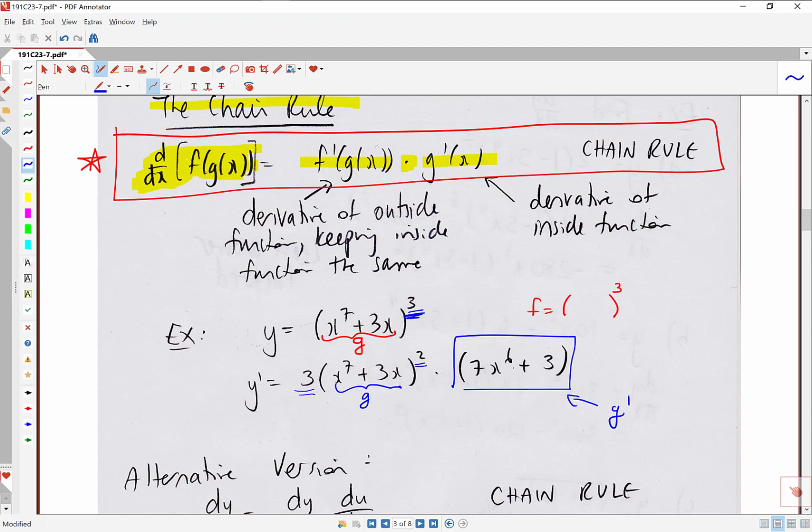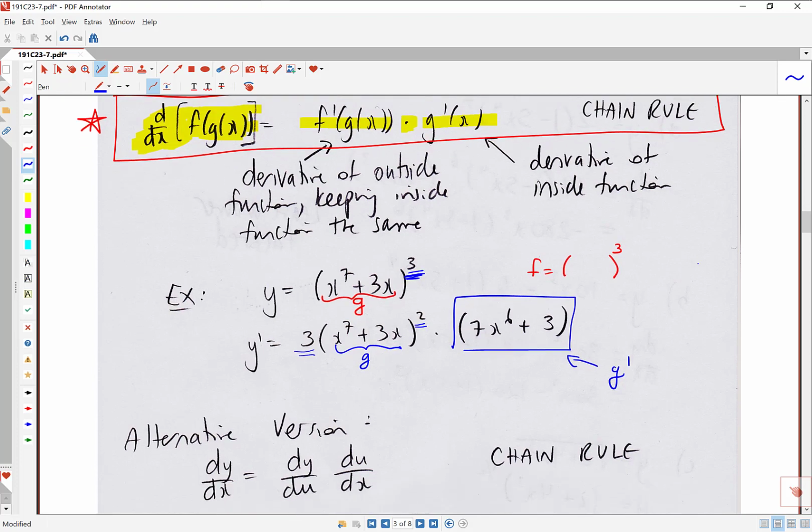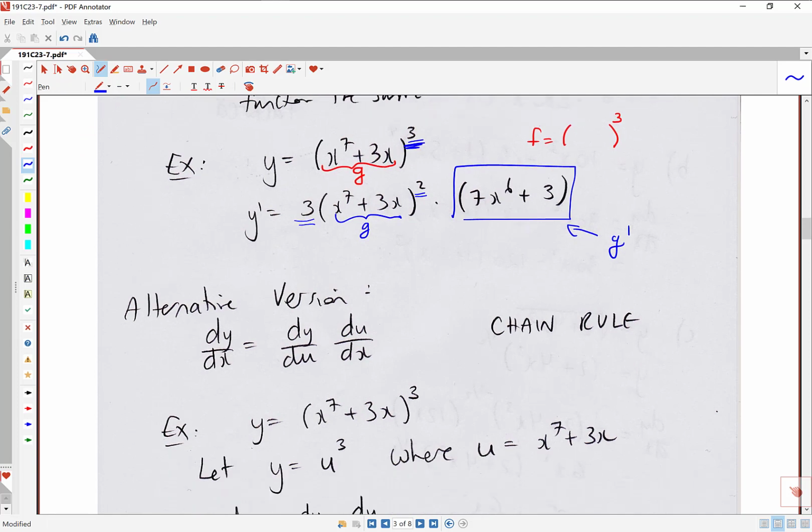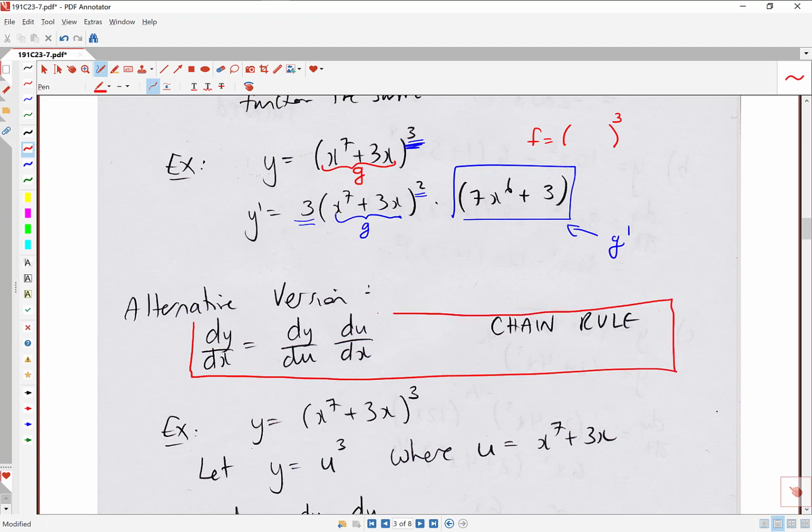There is sort of a cleaner version in terms of how to write it down. So I'm going to show you the alternative version, and we'll just work through exactly how it's the same as the first version. So here's our second version of the chain rule.